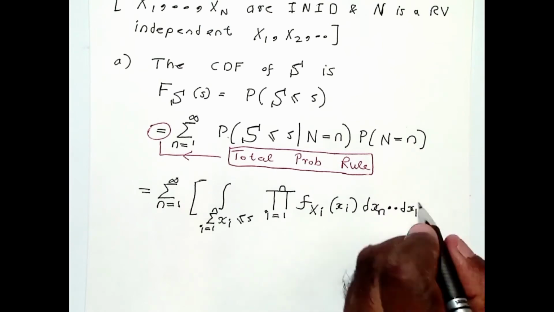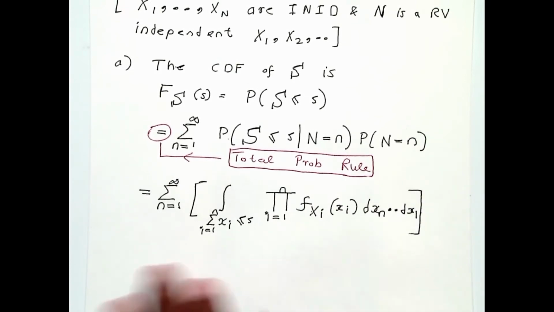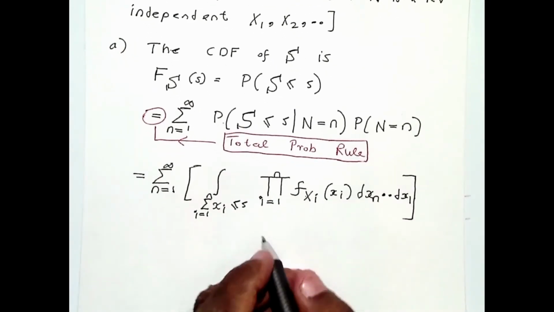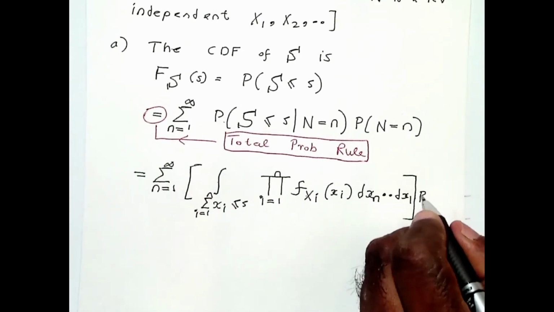Right, so this is the formula. You should recall, this is the formula that we got for the CDF of S in case 3. And this is multiplied by the probability.